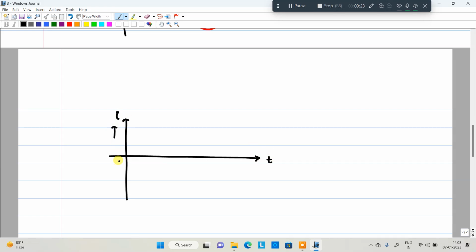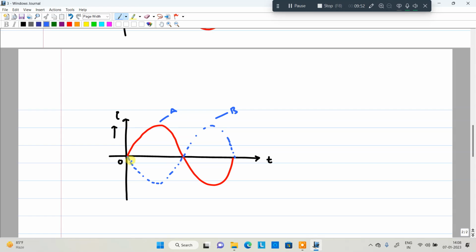This is the current I. So one waveform, and another waveform. This is A, this is B. In that particular case, the waveform A is started from here.